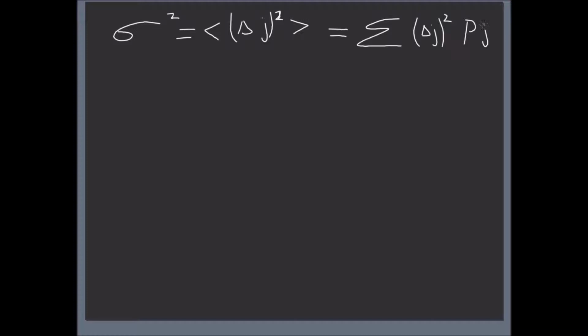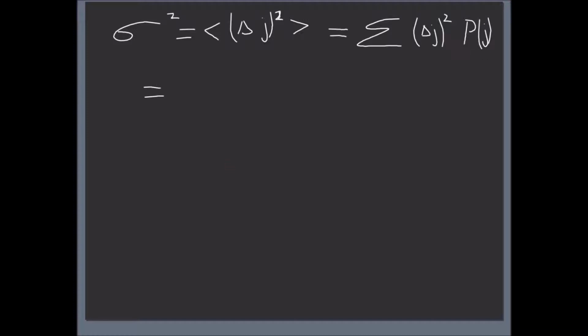Alright, so we have sigma squared. Let's try to go through this fast. Delta j squared, expectation value. So this is going to be equal to the sum of delta j squared times p of j, right?